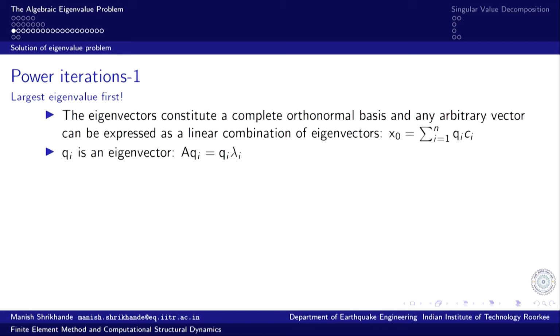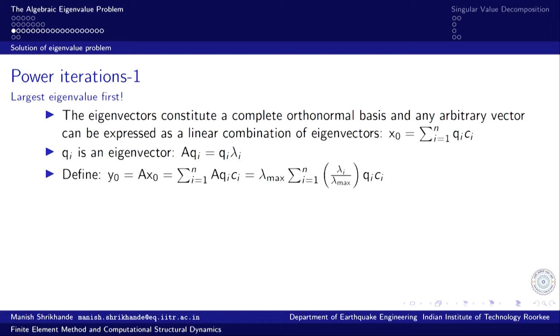So, q i is an eigenvector, A q i is equal to q i lambda i. So, ith eigenpair, and we can define a vector y 0 as the multiplication of A times x 0, and this can be expressed if I represent x 0 as the summation of eigenvectors q i c i. Then this substitution results in A x 0 equal to the summation over i of A q i c i.